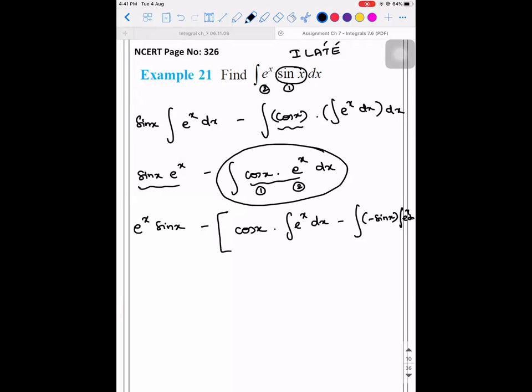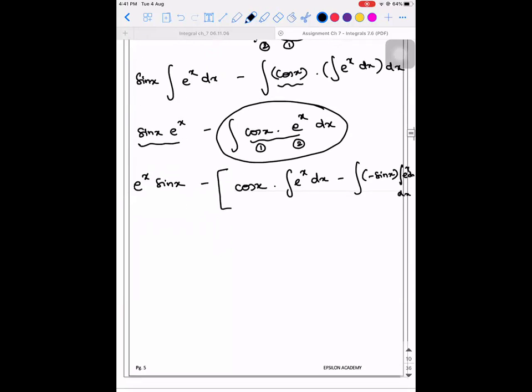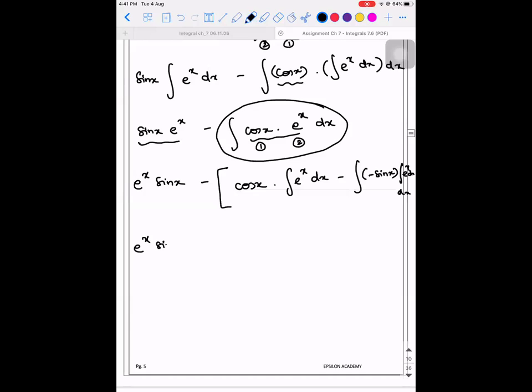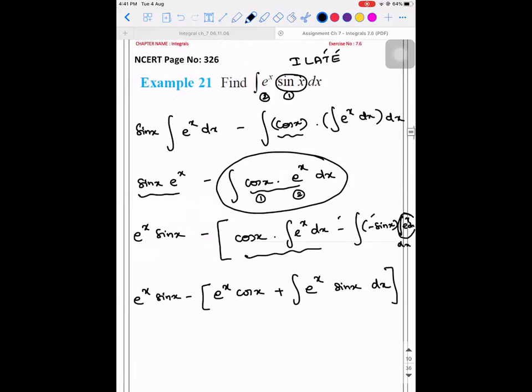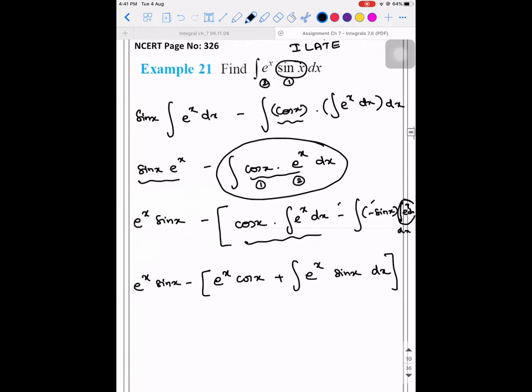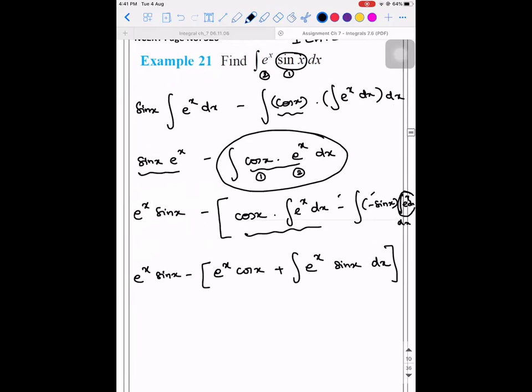E power x dx with respect to x. Is it clear, guys? So e power x sin x minus, here I will get e power x into cos x. So minus of minus will give me a plus integral of, see what is integral of e power x dx? It is e power x only. So e power x sin x dx. Is it clear till this step?